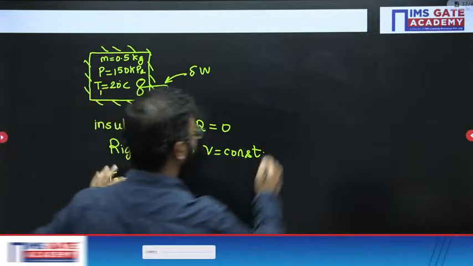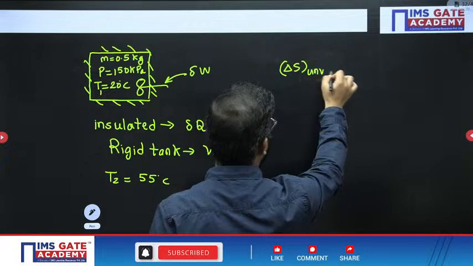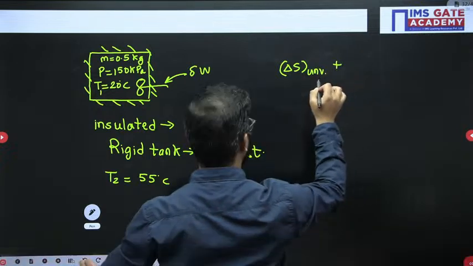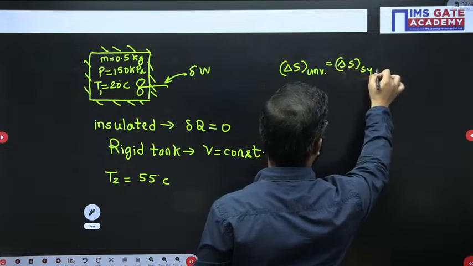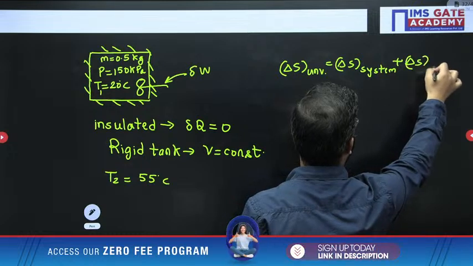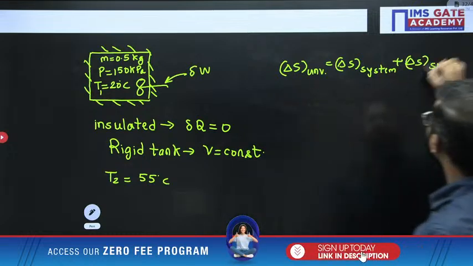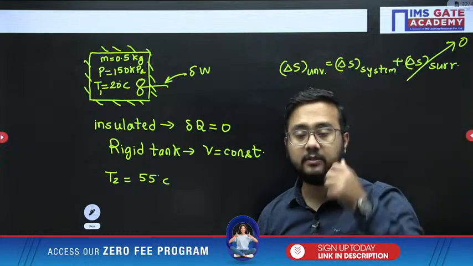Now, first of all, delta S of universe, if I have to write, it is delta S of system plus surrounding. Delta S of surrounding is 0 because there is no interaction between system and surrounding.